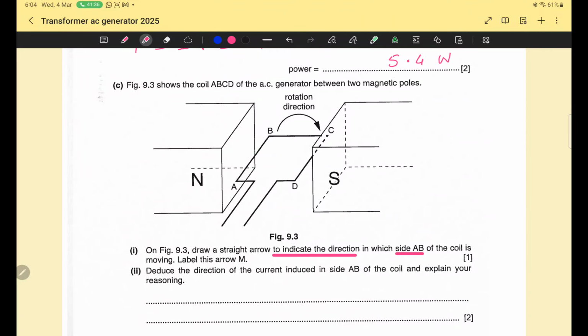When the coil is turning, and right now it is horizontal, I have taught you earlier, so when the coil is horizontal, then these two sides are moving vertically upward or downward. So the right answer is this, which I have drawn right now. When the coil is horizontal, the side AB is moving vertically upward, and the side CD is moving vertically downward. So these are the directions of the two sides.